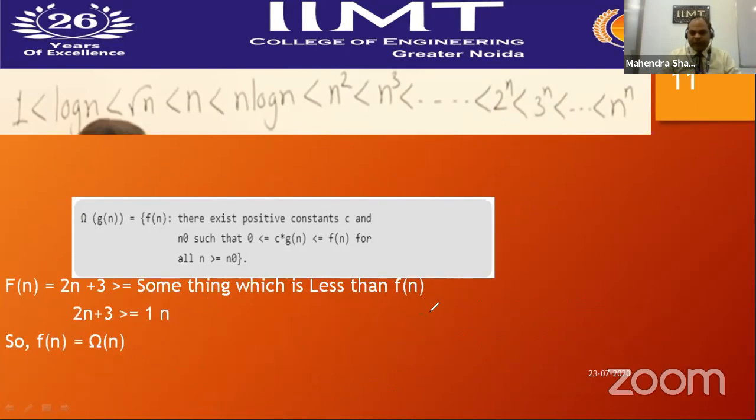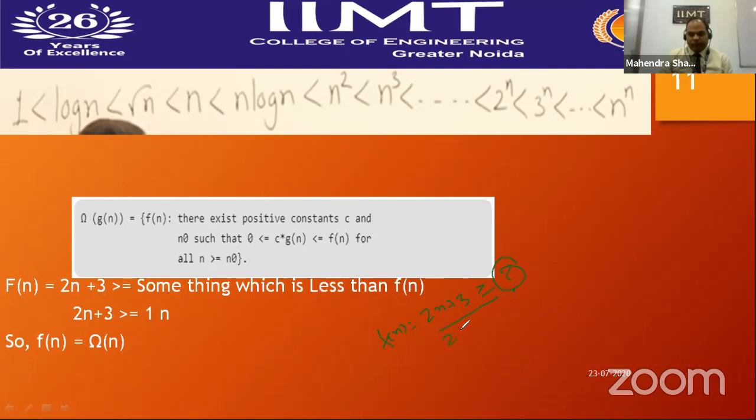Suppose f of n is equal to 2n plus 3. Is this greater than or equal to what? We have to find the value for the right side that satisfies this equation.